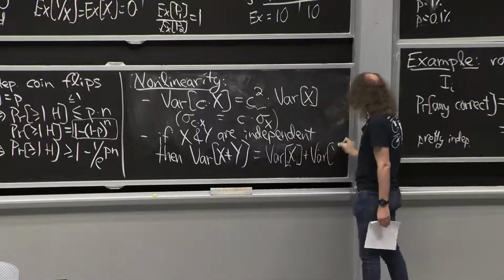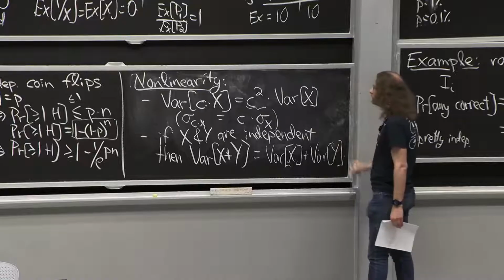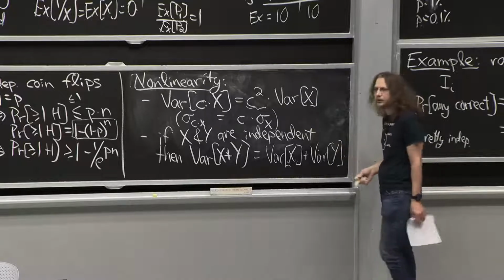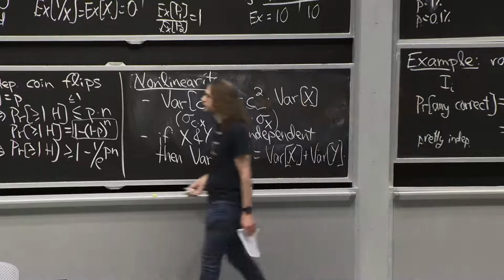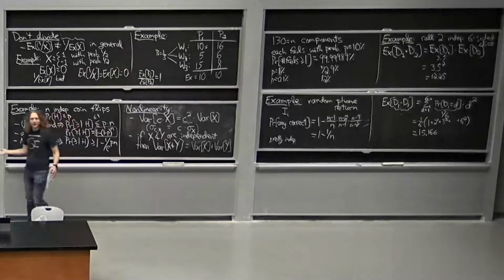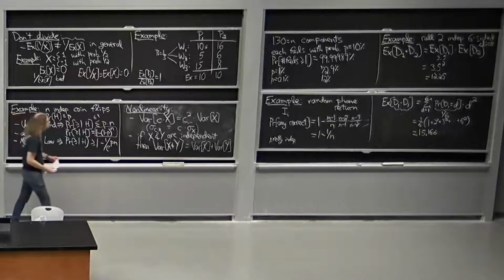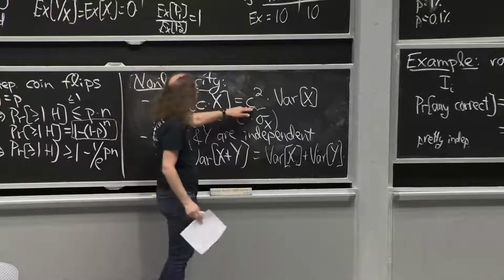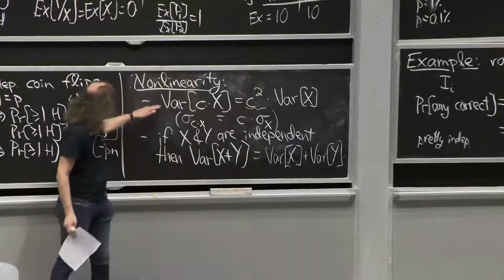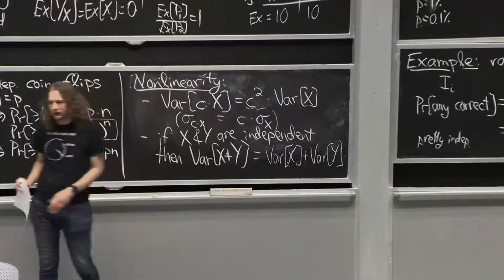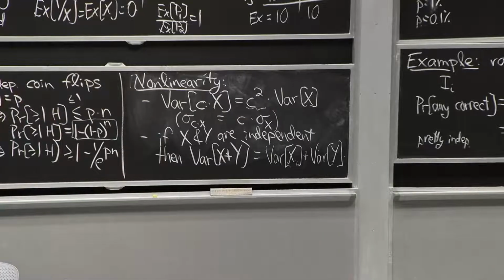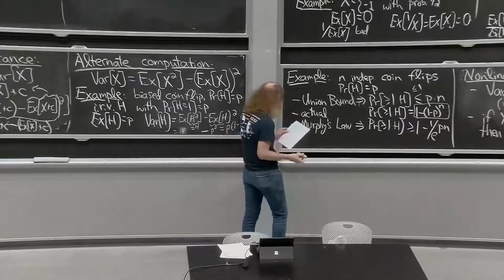OK, so it's not as nice as we had with expectation, where it just always holds, but still pretty good. So if you sum things and multiply them by things, it gets a little weird. You've got to square all of these coefficients. But these are sort of the analogs of the things we have in expectation. This is, again, something you will do in lecture.